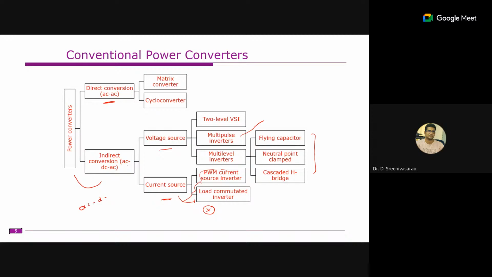Each has some small changes in the switching arrangements, or reducing the blocking voltage, or reducing the switch count, or increasing the modularity of the inverter. Right. So whatever challenges are present in these conventional multi-level inverter topologies are addressed in those topologies. Anyway, we'll discuss those things later in the session.